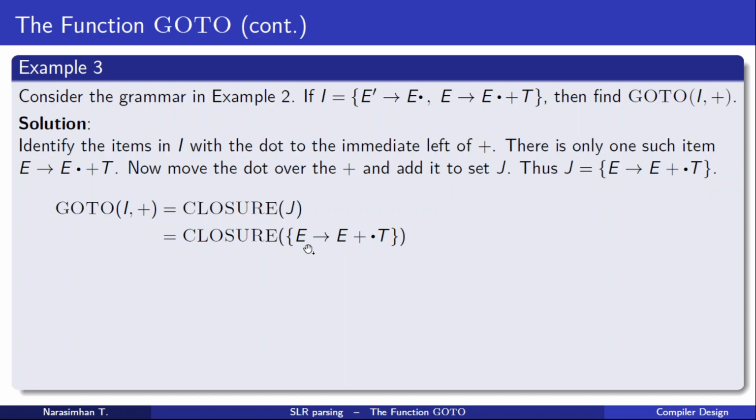By default you will have this item in the closure, then you have dot to the left of T, so you add all the T productions. Now you have dot to the left of F, so you add all the F productions. This will be the closure of this temporary set J, and in a sense, this will be goTo I comma plus. So in item set I, if you read the symbol plus, you will move to the state corresponding to this item set.